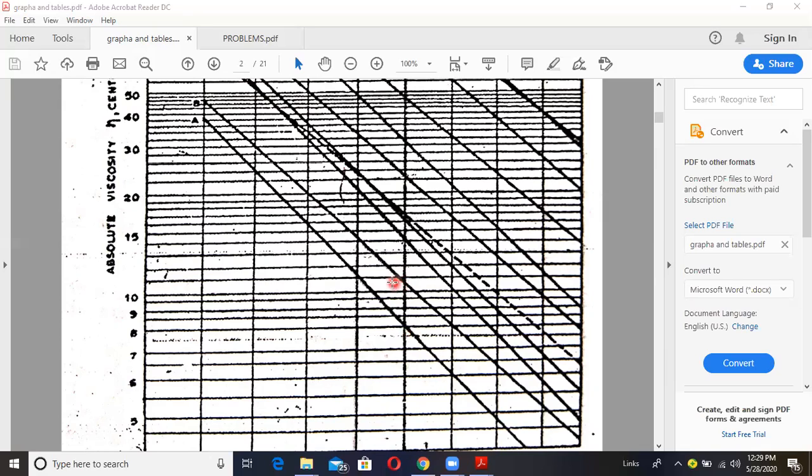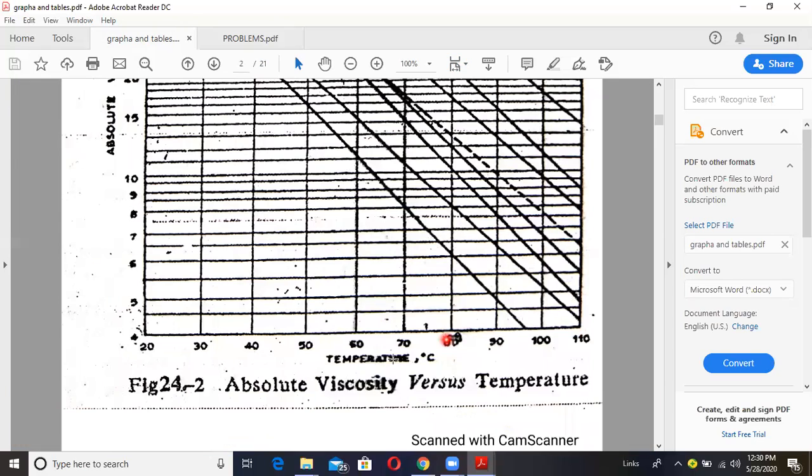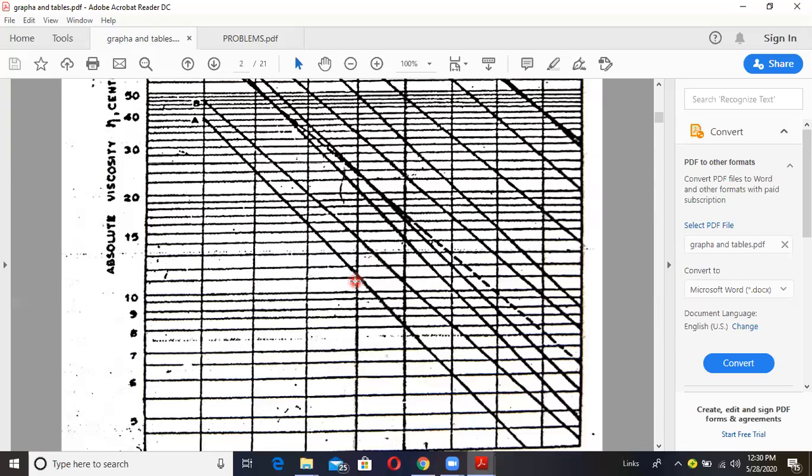Then come to the left side like this. Here we have the absolute viscosity in centipoise. See, now we got absolute viscosity as 13. And if you see the figure once again, 60 degrees, move upward until it touches the B curve.